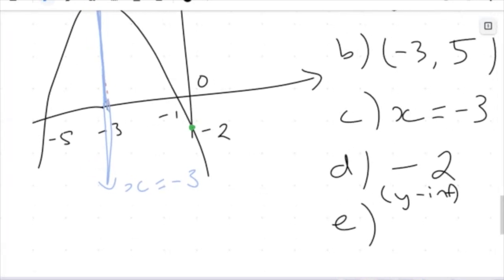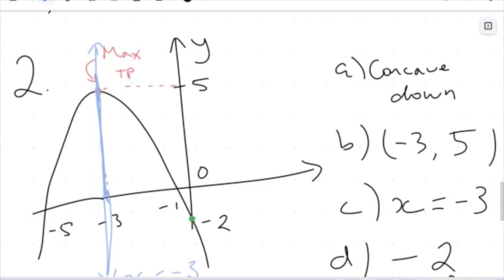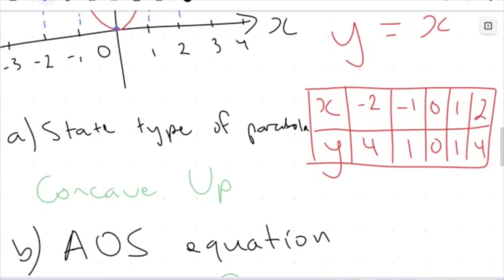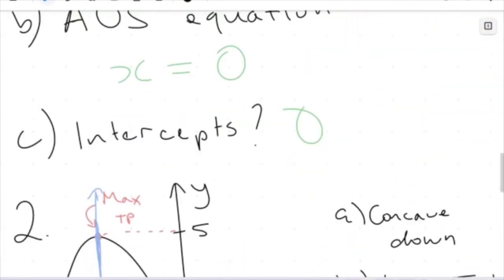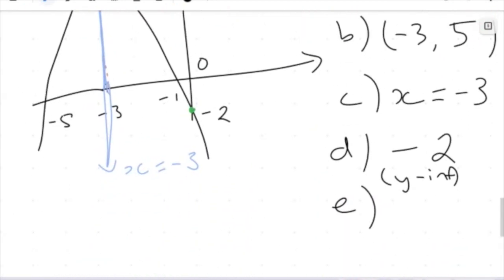And what's my x-intercept going to be? Well, in the previous example, we saw a parabola that just had one x-intercept at 0. But what about here? We notice we have 1 and 2 x-intercepts. So this is, in essence, a different type of parabola because it has 2 intercepts as opposed to 1.